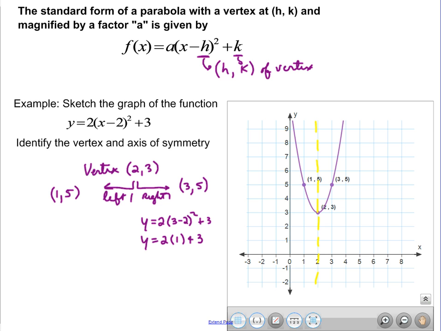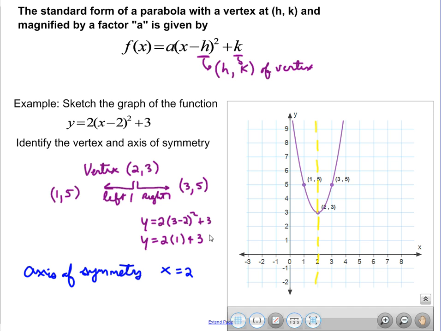This axis of symmetry would be the vertical line x = 2. That is the vertical line that passes straight down the x-coordinate of our vertex.